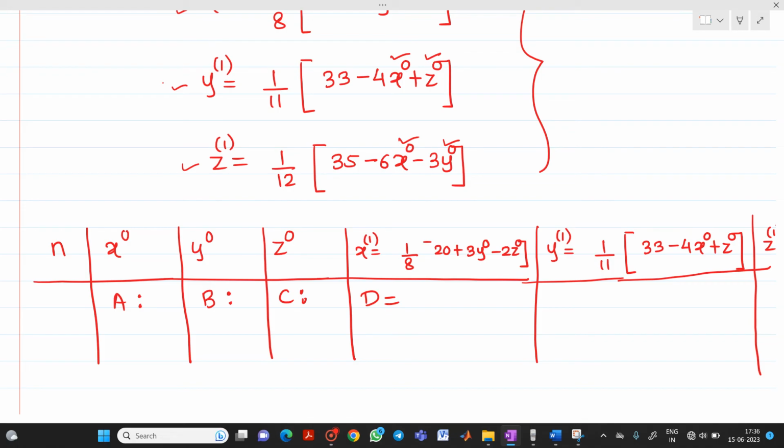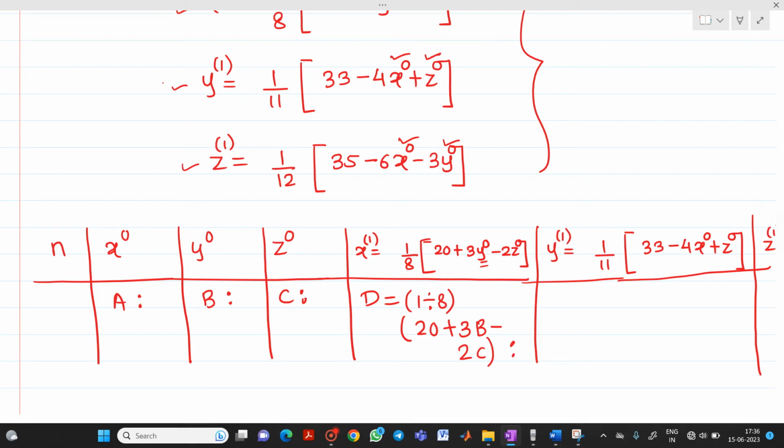So it will be equal to 1 divided by 8 into bracket, 20 plus 3 times y0, which is represented by b, so I will write it as 3b, minus 2 times z0, which is represented as c.